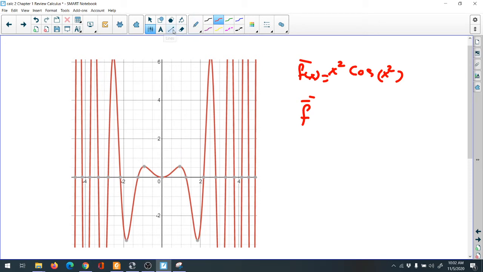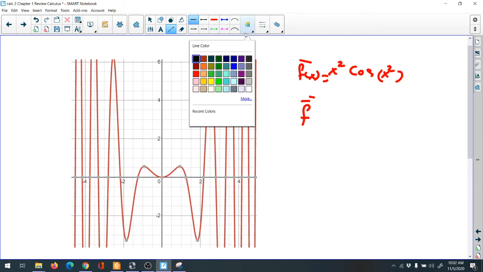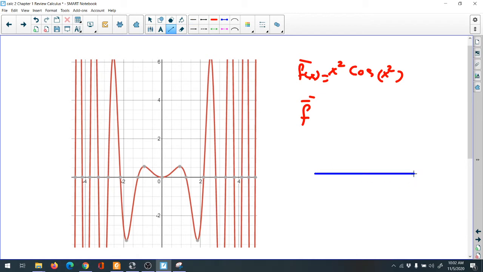You could imagine how many tangent lines have a slope equal to 0. So let's do that here, in blue.